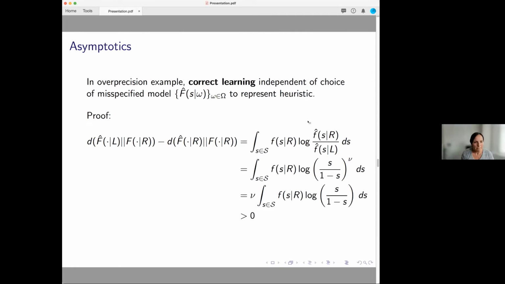It depends on how you think of the heuristic: we're specifying a mapping from a given signal to a posterior belief.